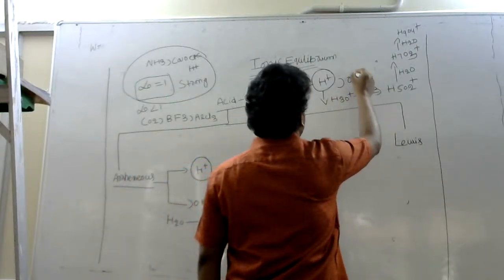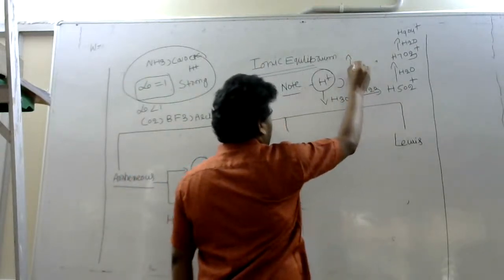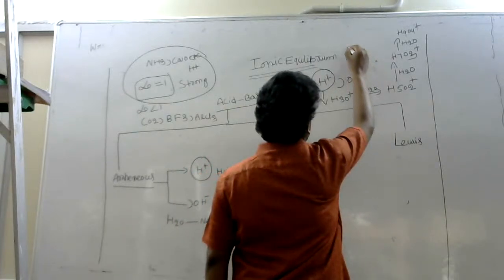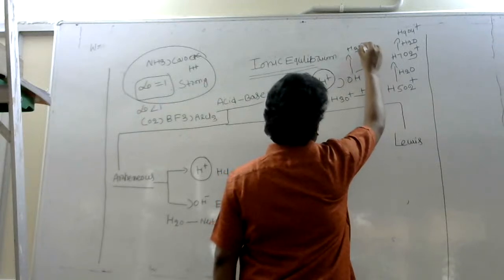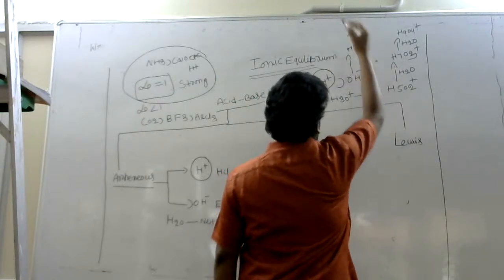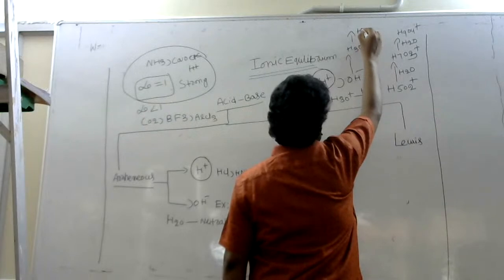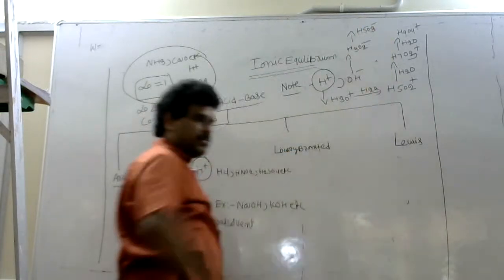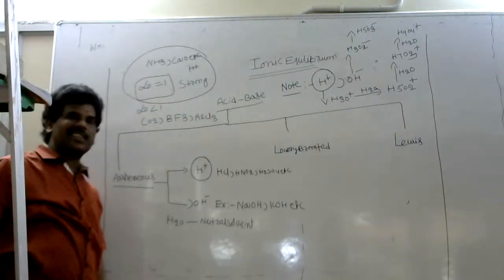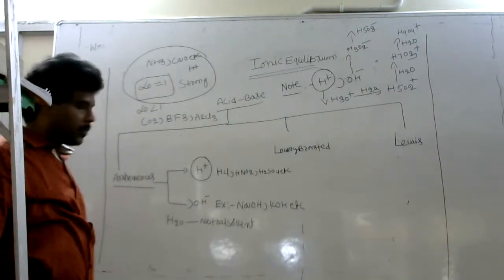Similarly, OH minus ion undergoes hydration to exist as H3O2 minus, and further hydration to H5O3 minus. This is the concept of Arrhenius theory.